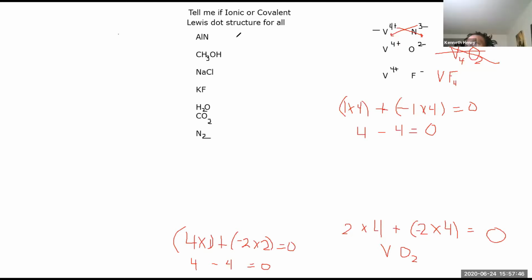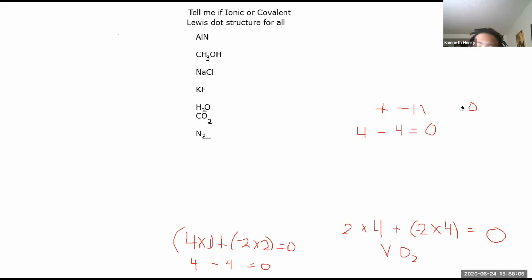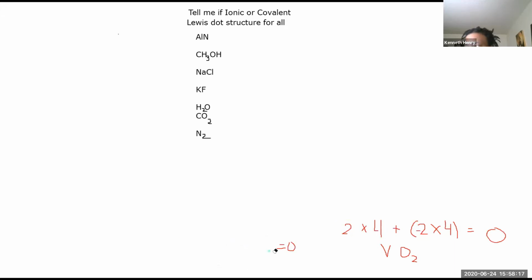So let's say we have this transitional metal. The key is, these are some of the fundamentals of chemistry: understanding how to write the formula and how to tell me what the formula is. But if you can't write it, how can you tell me what the formula is?